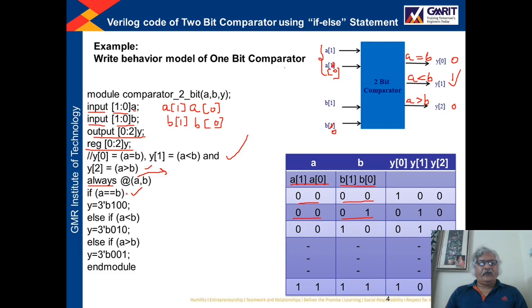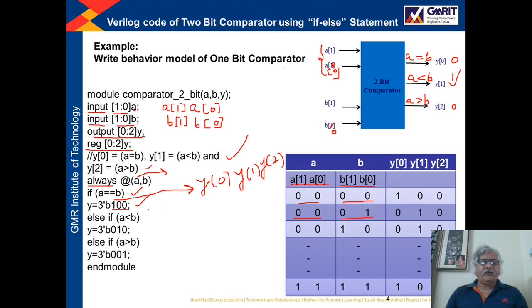So if A is equal to B, then the statement Y is equal to 1 0 0 will be executed, and in this, 1 belongs to Y0, the next 0 belongs to Y1, and the LSB 0 belongs to Y2.